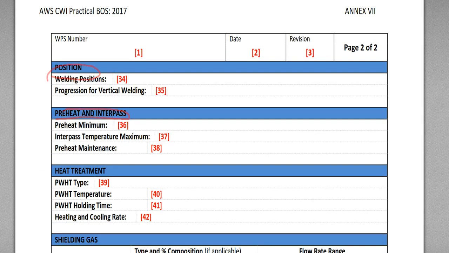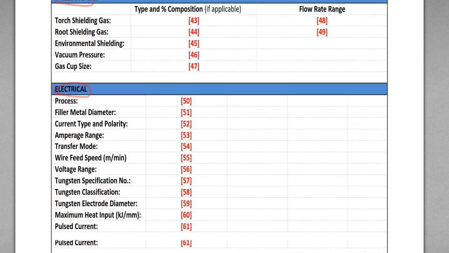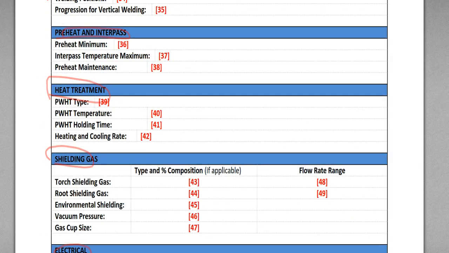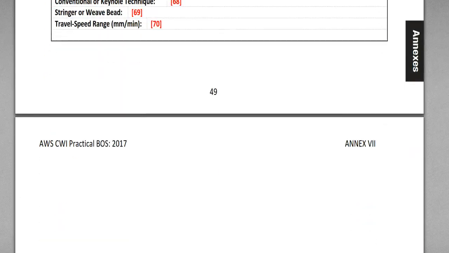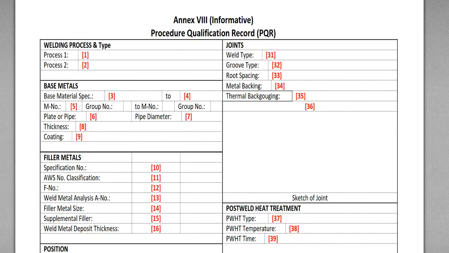Position, preheat, interpass temperature, heat treatment, shielding gas, and electrical variables. This is the WPS format. Annex 8 is the procedure qualification record, the PQR.